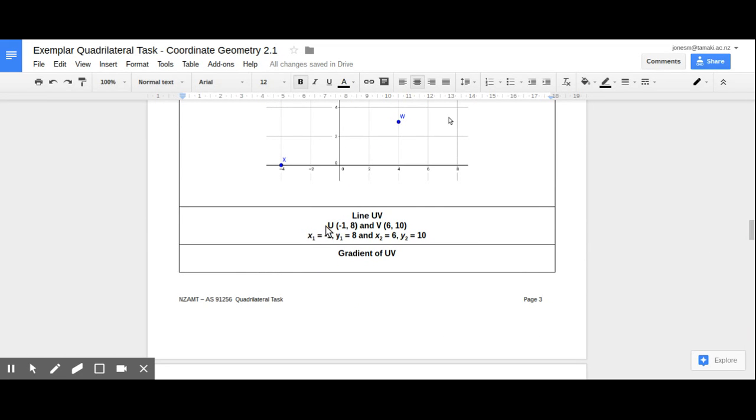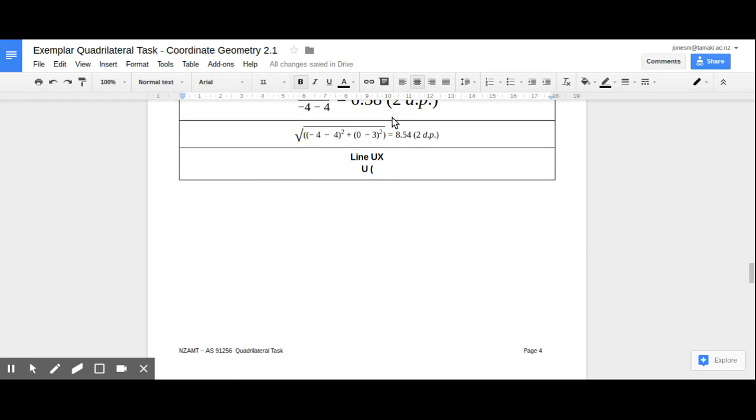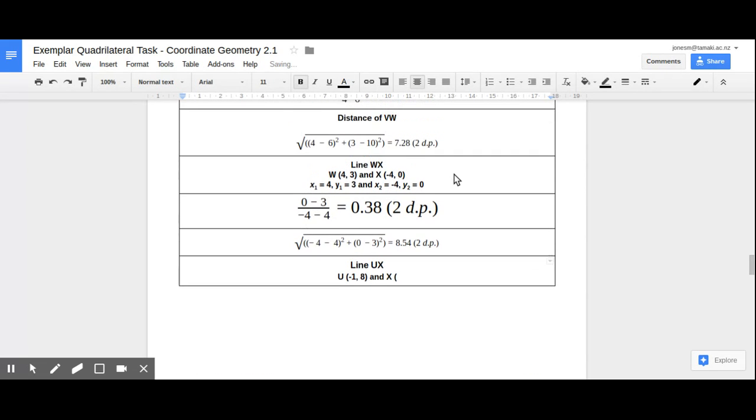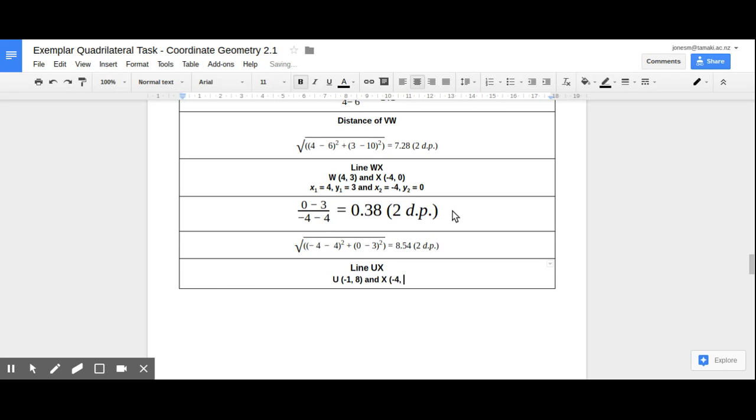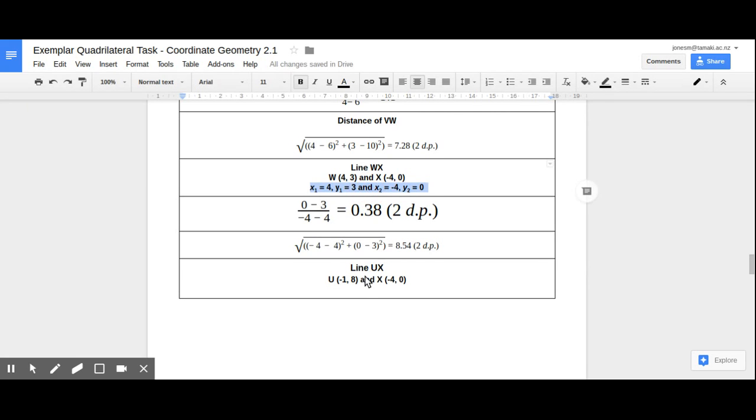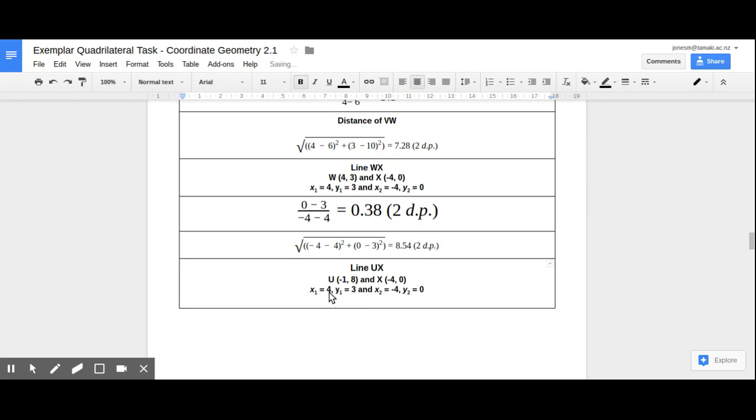So our U is 1, 8. Wait, our U is negative 1, 8. And our X is negative 4, 0. So we have our x1 is negative 1, our y1 is 8, our x2 is negative 4, and our y2 is 0.